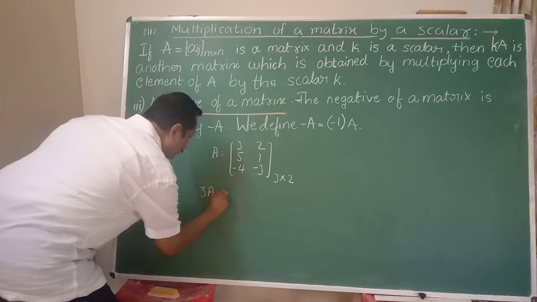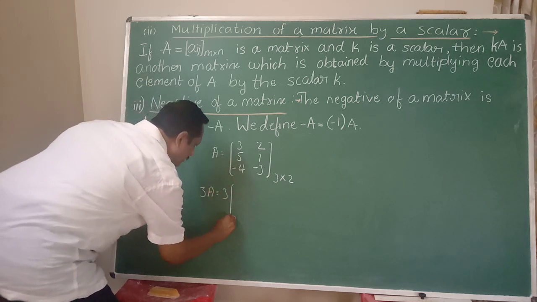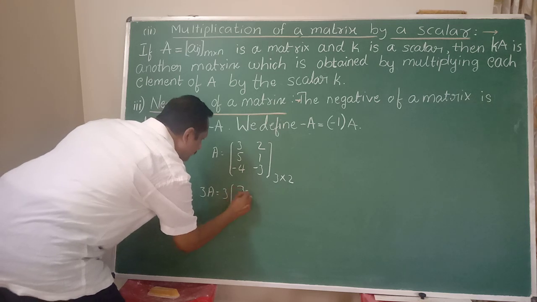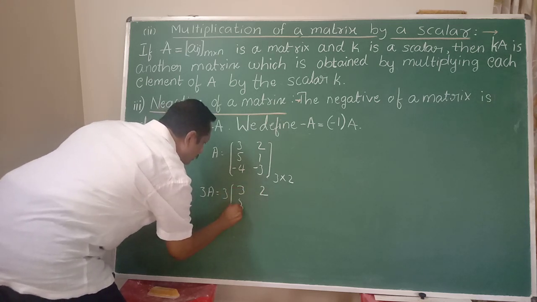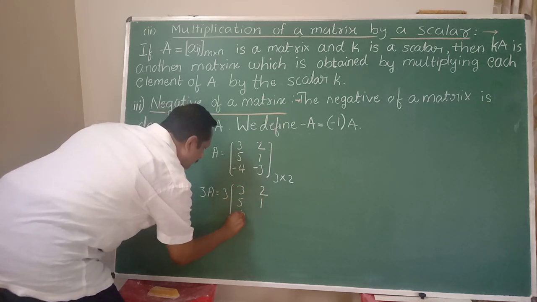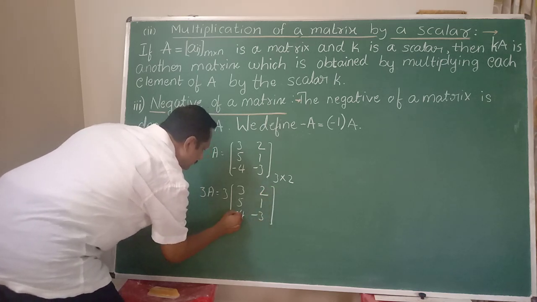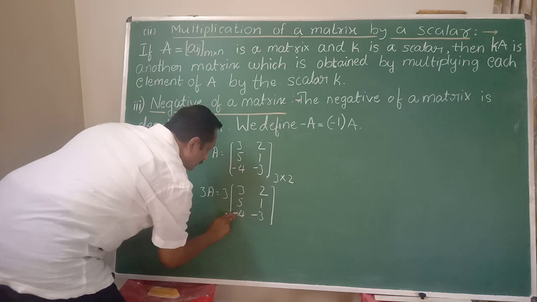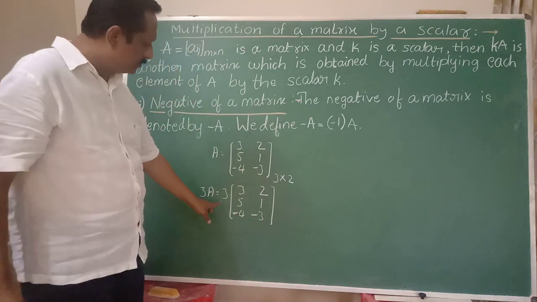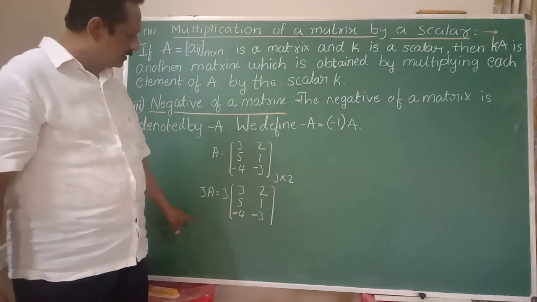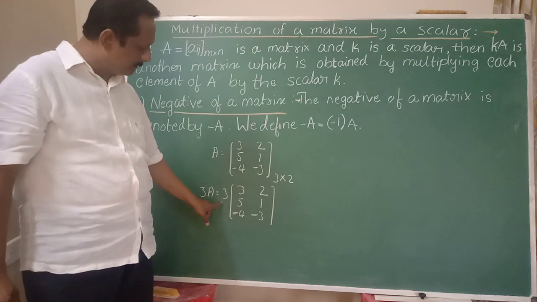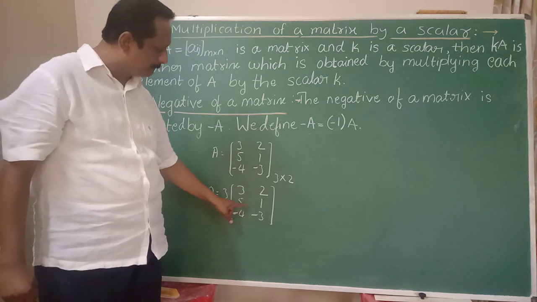3 into A is equal to 3 into the matrix 3, 2, 5, 1, minus 4, minus 3. Take this 3 inside, which means multiply each element by this 3.